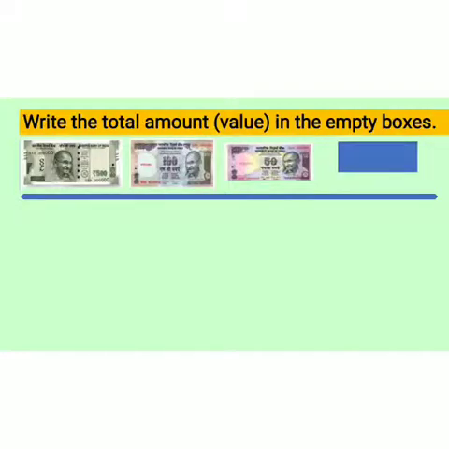Now children, you have to write the total amount in the given empty boxes. How many total rupees are there? So we have to count them. 500 plus 100 is 600 and plus 50 is equal to 650 rupees. We have in total 650 rupees. This way you have to count the coins and notes.